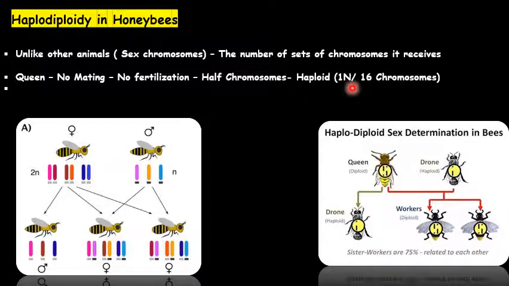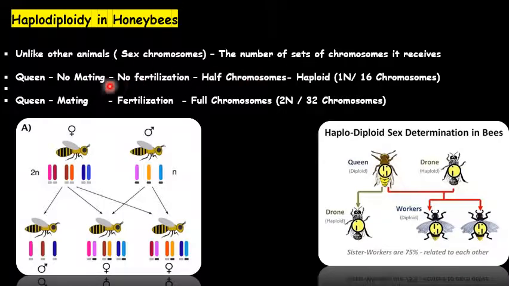If you take, after mating, say for example this female has undergone the mating process, it will result in the formation of worker bees and also queen bees. They will contain two sets of chromosomes, which means half the chromosomes from the mother and half from the father will be inherited.